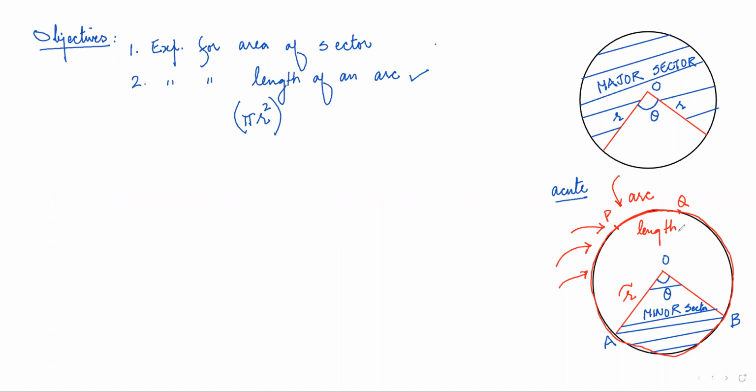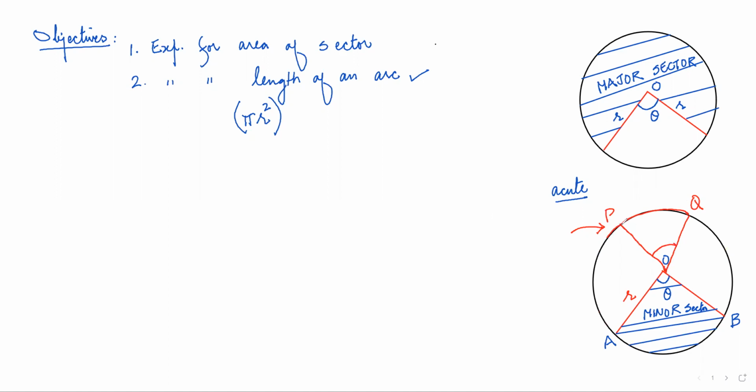So friends, please try to understand, this is a very important point. When this arc is PQ, this arc is subtending some angle at the center.